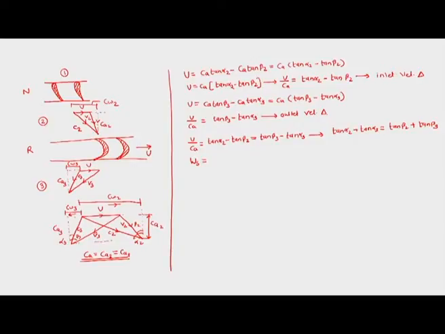We know that the formula is m dot into u into Cw2 minus Cw1. That is the formula we had derived, but in that case W was the work input to the system, and we had found that for the turbine it is m dot into u into Cw1 minus Cw2.